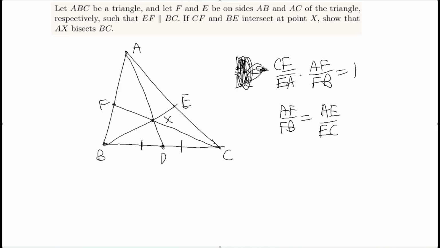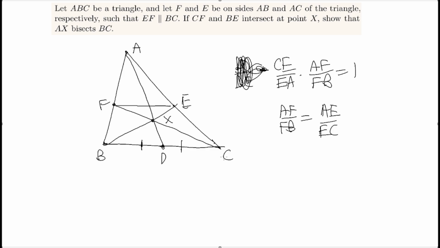So this looks very symmetric. In other words, the ratio of this to this is equal to the ratio of this to this. We want to show that this is equivalent to EF being parallel to BC. And the reason why this is the case is actually just similar triangles. Because this is parallel to BC, we have these similar triangles AFE and ABC.